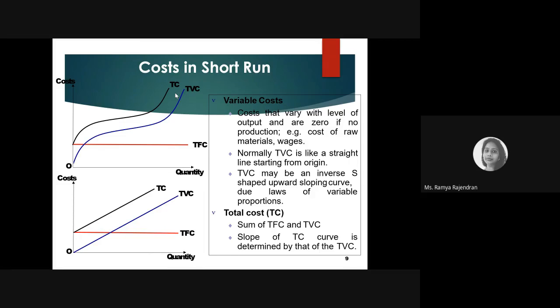We discussed the law of variable proportions earlier, remember? Based on that it might become an inverse S-shaped curve, but most of the time it will be a straight line. When my total variable cost is a straight line, my total cost is obviously going to be a straight line, because the total fixed cost is a constant, right? That's why.